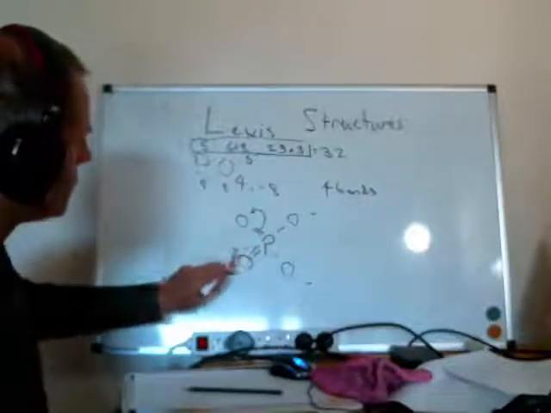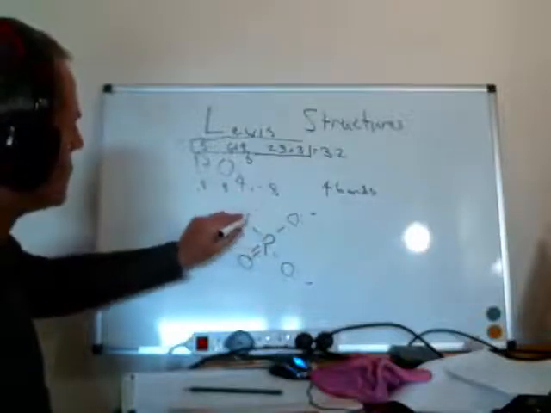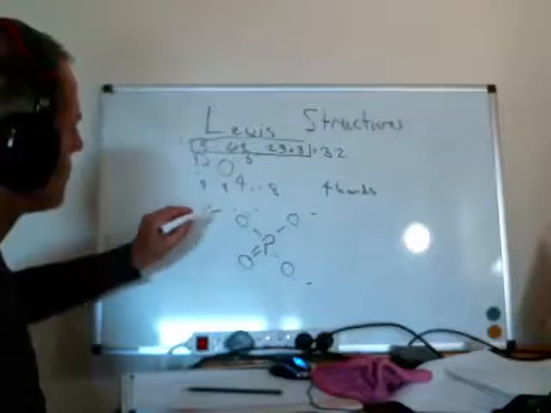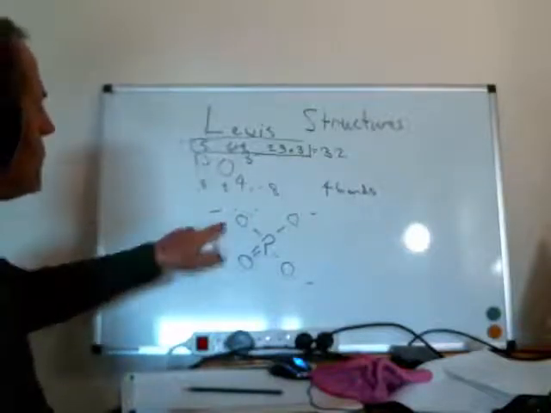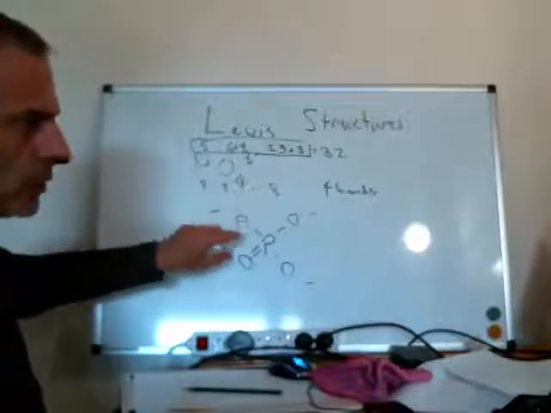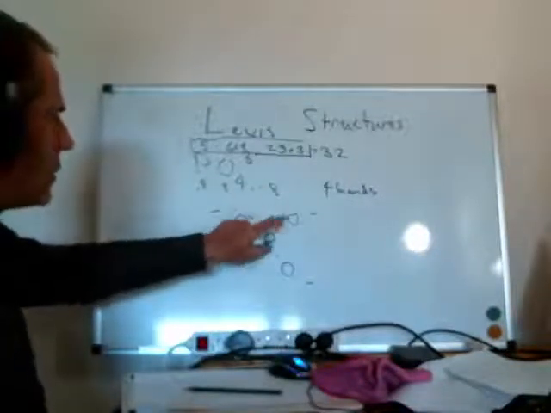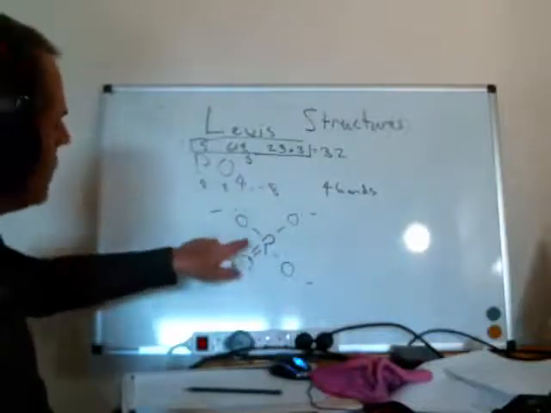So that would take this negative charge and bring it all the way onto this oxygen out here. And it looks exactly the same, just rotated. So this zero charged oxygen can move around onto any of the oxygens. It's a resonance structure.